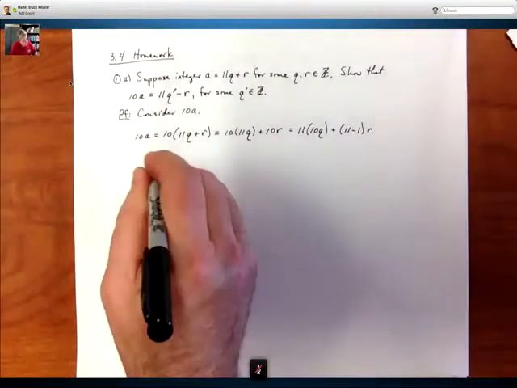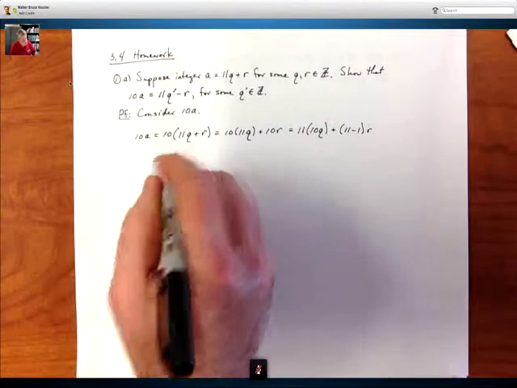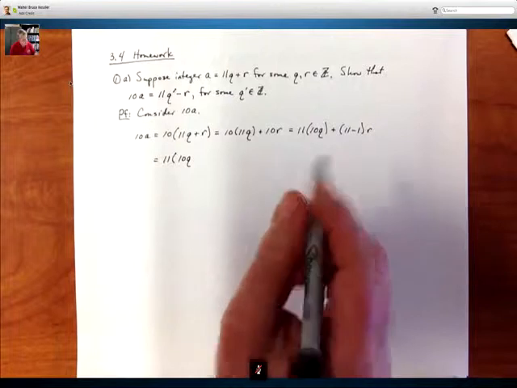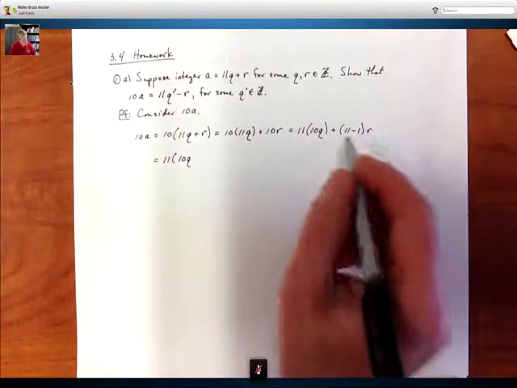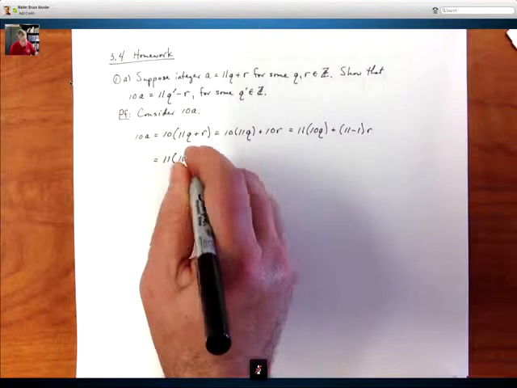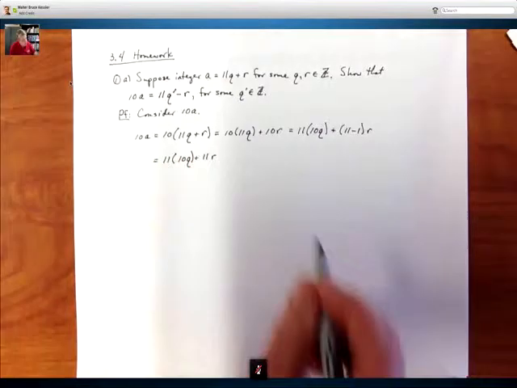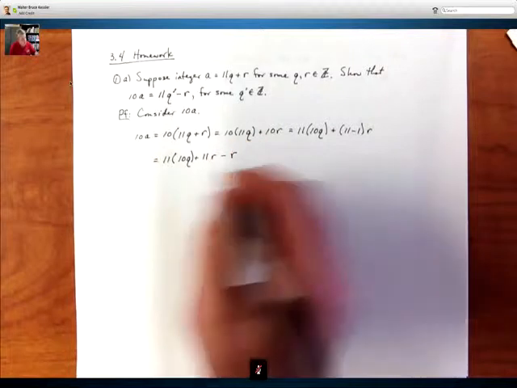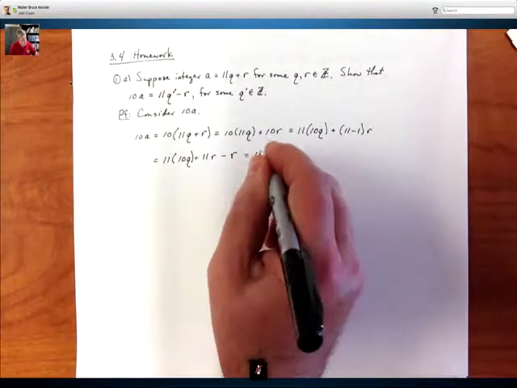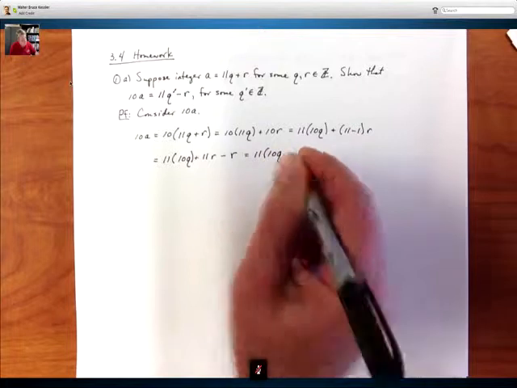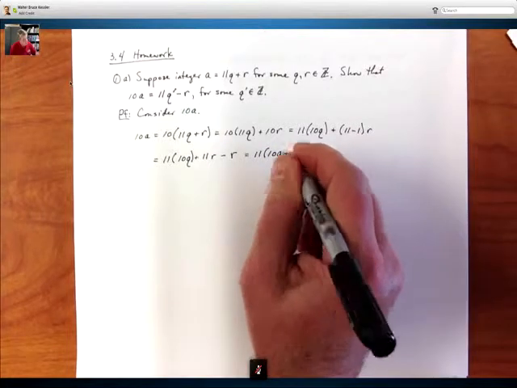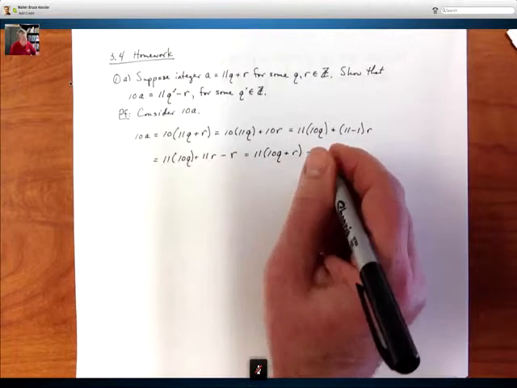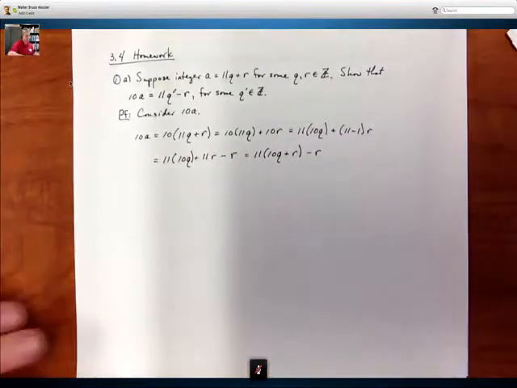So we've got the 11 times the 10q, and then we distribute the r, so we've got plus 11r, and then minus r. Again, I can get a common factor of 11 here, leaving us with 10q plus r minus r.